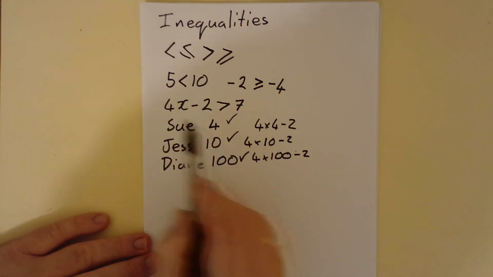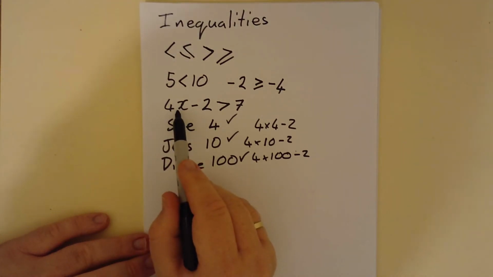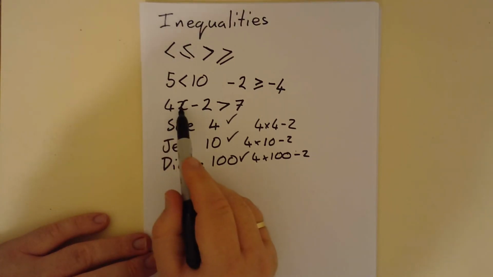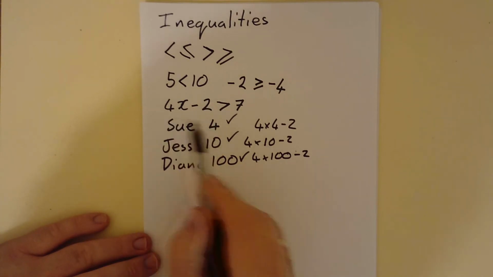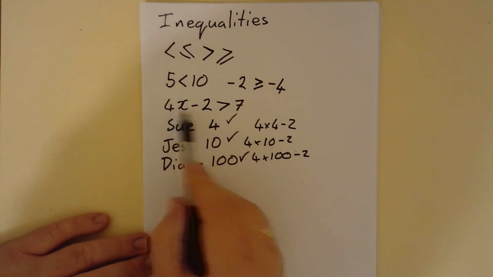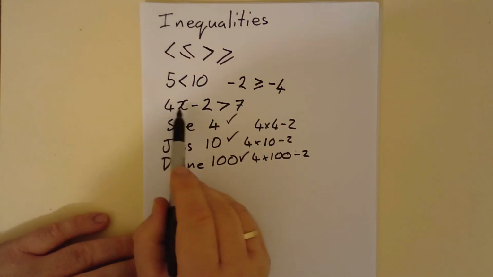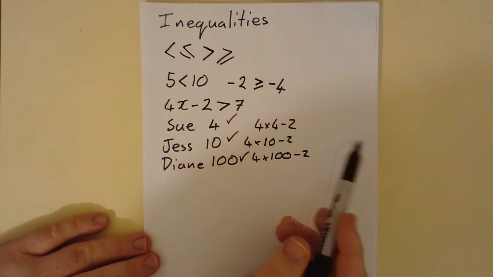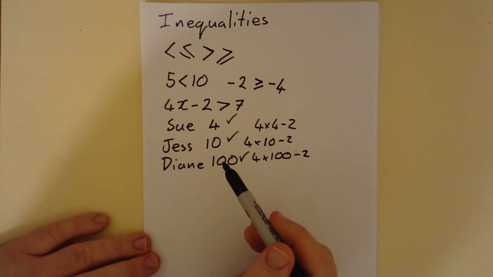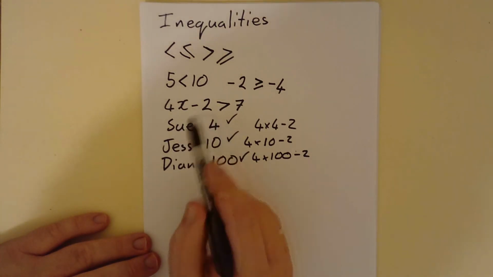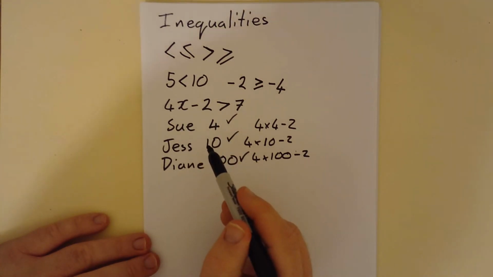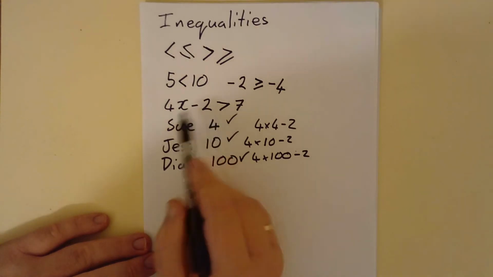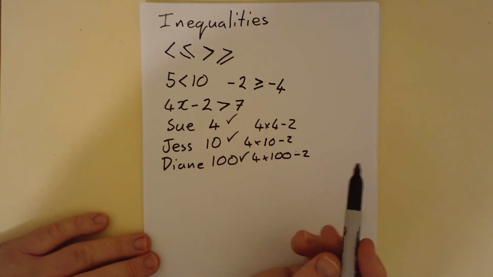What about 3? 4 times 3 is 12, minus 2 is 10, so 3 would work. What about 2? 4 times 2 is 8, minus 2 is 6. 6 is not greater than 7. So we've got 3. But we might be able to get lower than 3. And then we can. So we'll look at that a little bit.